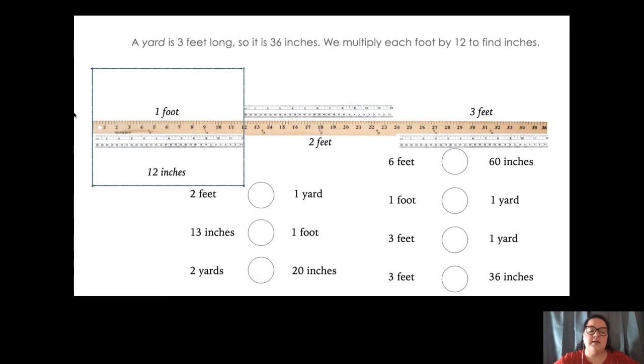2 yards is less than, equal to, or more than 20 inches. 1 yard is 36 inches. So I know 2 yards is more than 20 inches. 6 feet is less than, more than, or equal to 60 inches.